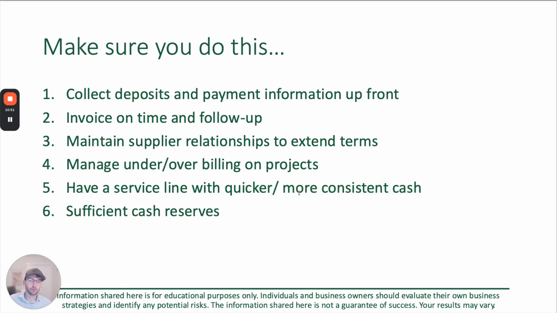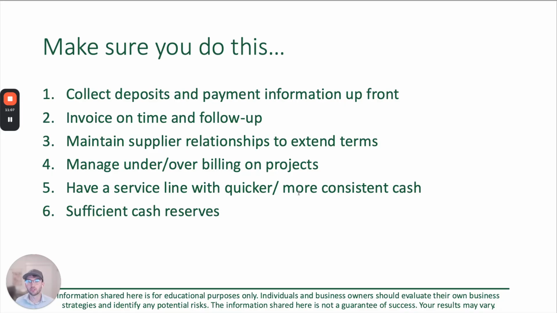Something else is that you can have a service line with a quicker and more consistent cash flow. If you're on a really large project and you don't have much bargaining power, then the general contractor may just tell you, no, I'm not paying you on those terms. I'm paying you when I get paid. I'm paying you when I feel like it, more or less.